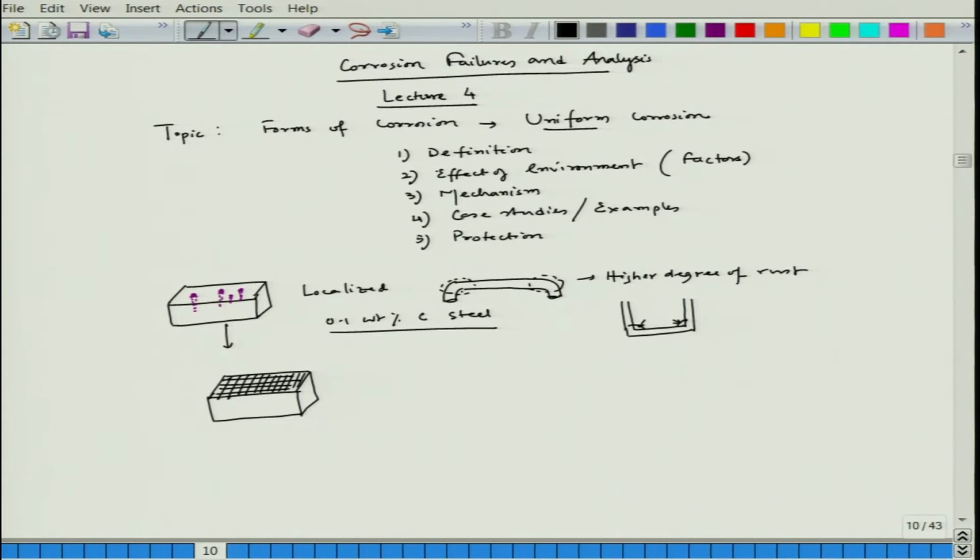And if you see it cross section wise, if you cut it across like this and look from this direction, you will see the cross section would look like this.